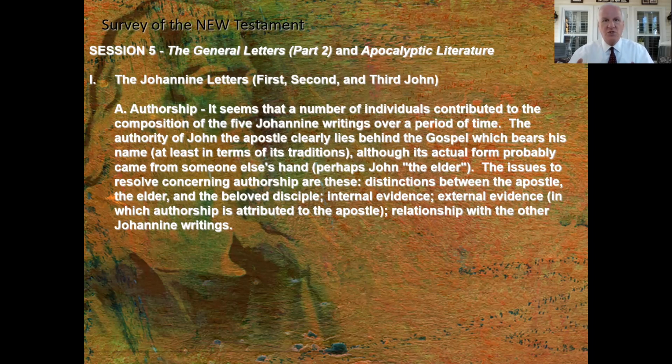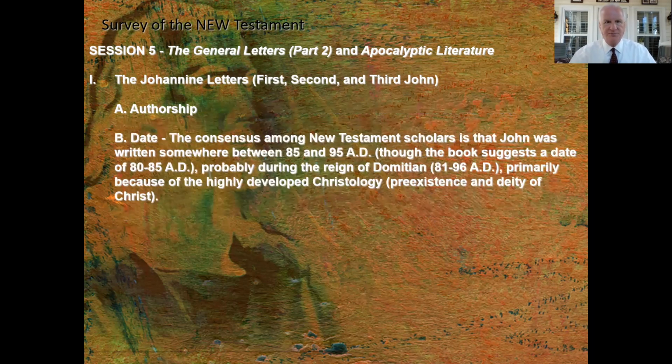Then external evidence in which authorship is attributed to the apostle by tradition, and the relationship with and among the other Johannine writings. So it's not as simple as saying that John wrote it all, but certainly these writings are attributed to John.